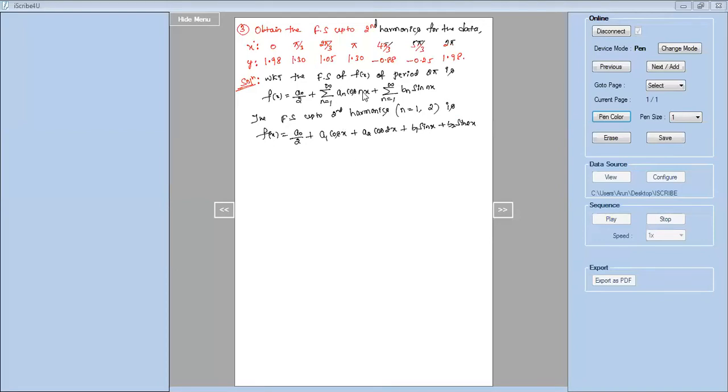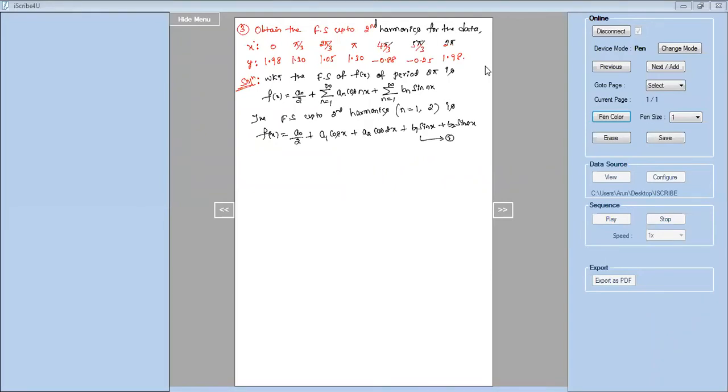By putting n is equal to 1 comma 2, we have substituted and simplified. So you get f of x expression like this. Let us call this equation number 7. This is the Fourier series up to second harmonics for the data.